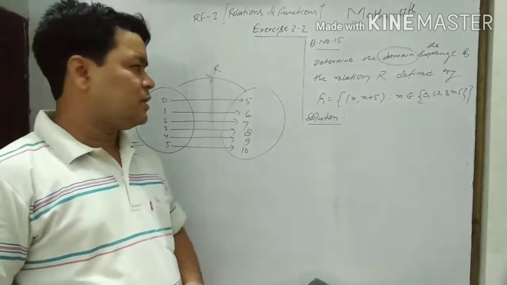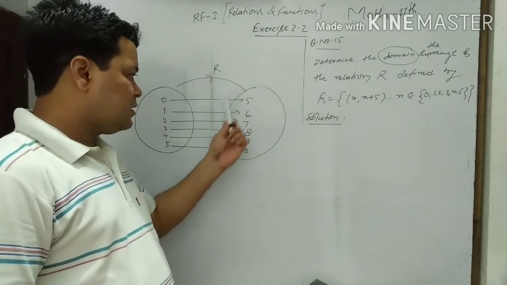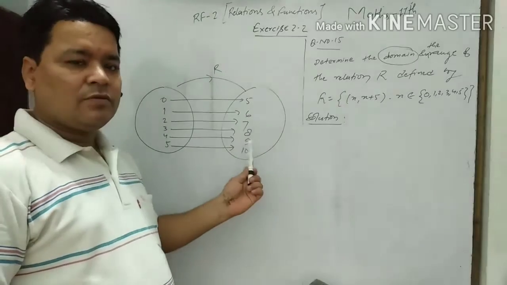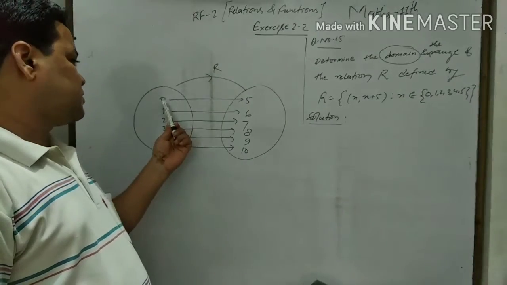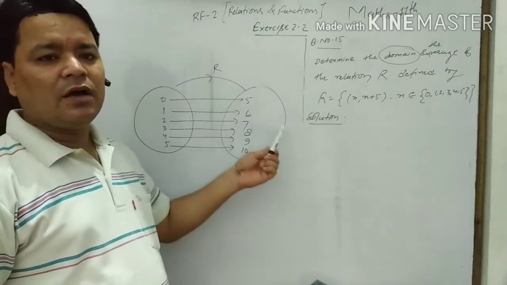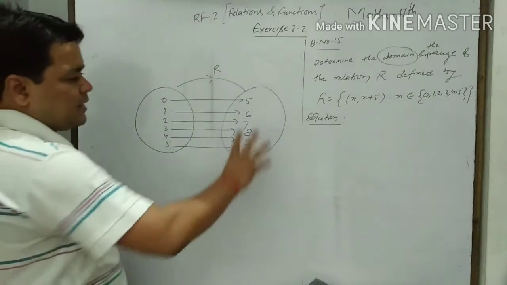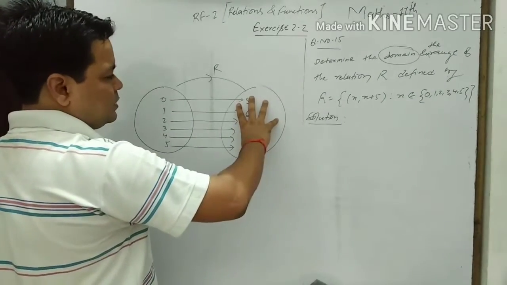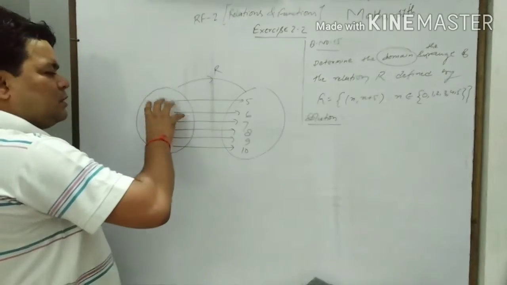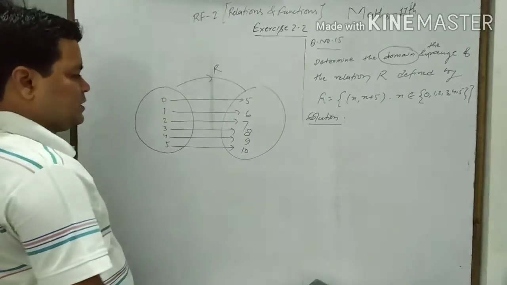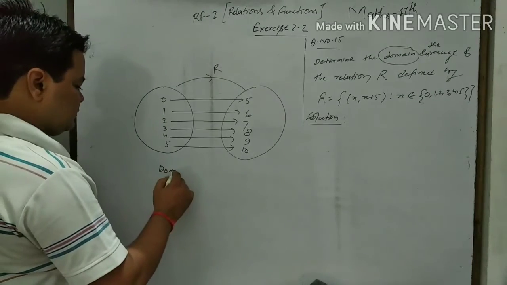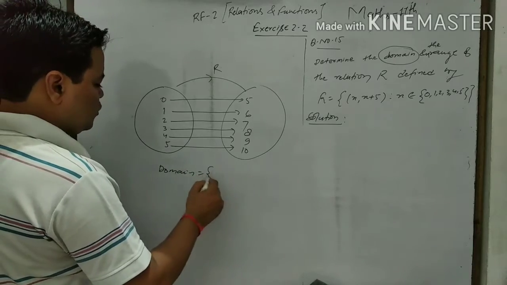The range means the elements of this set to which the first term is related. That is the range. Means only those elements of this set to which an element of the other set is related. Therefore, domain is equal to what?